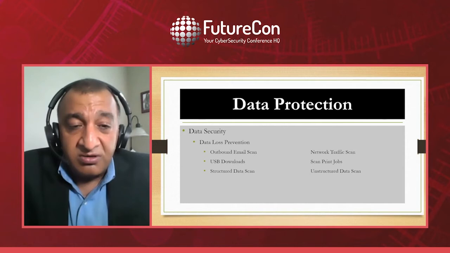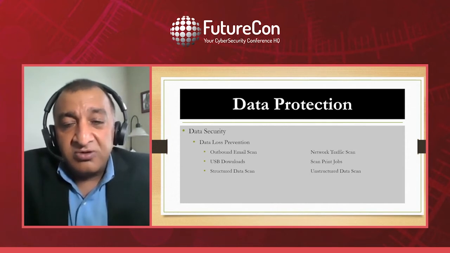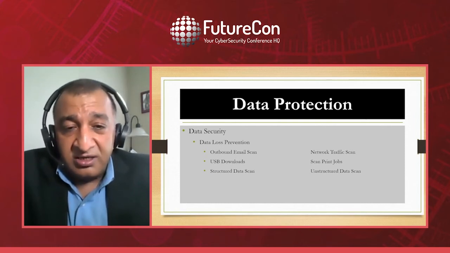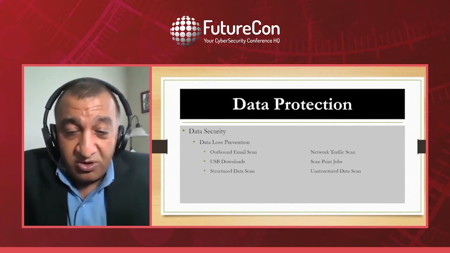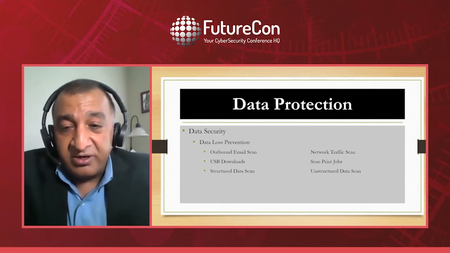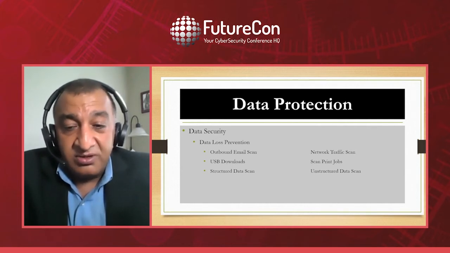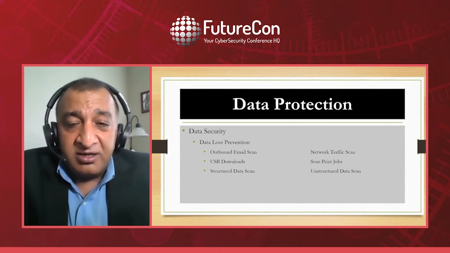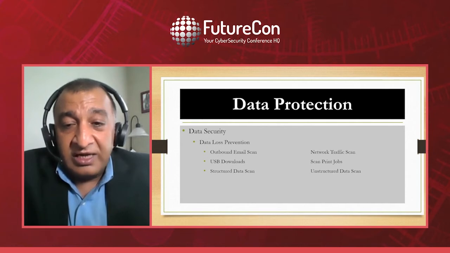That used to create a lot of false positives, because any 9-digit number, 1, 2, 3, 4, 5, 6, 7, 8, 9, would be considered a social security number, or any model numbers or serial numbers that you're sending to your vendor. Creating a good DLP program was a nightmare, because a lot of times 80 to 90% of your incidents were false positives.